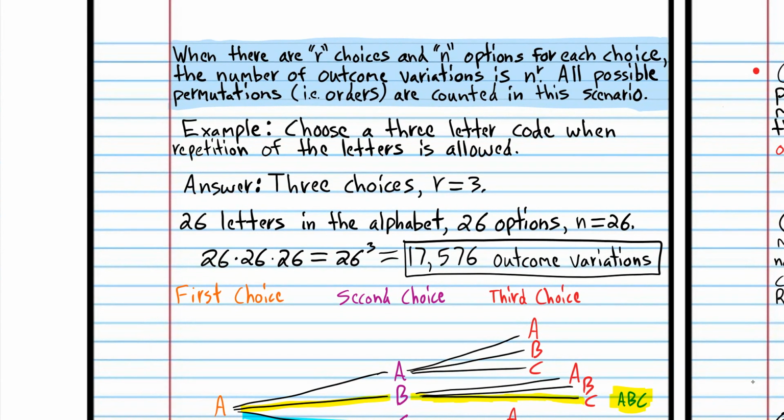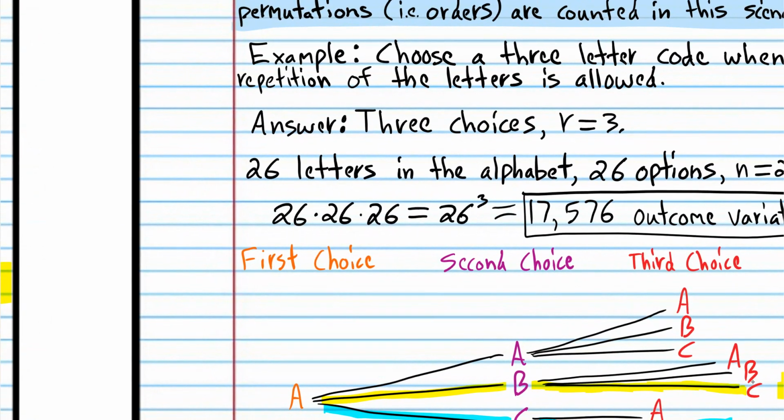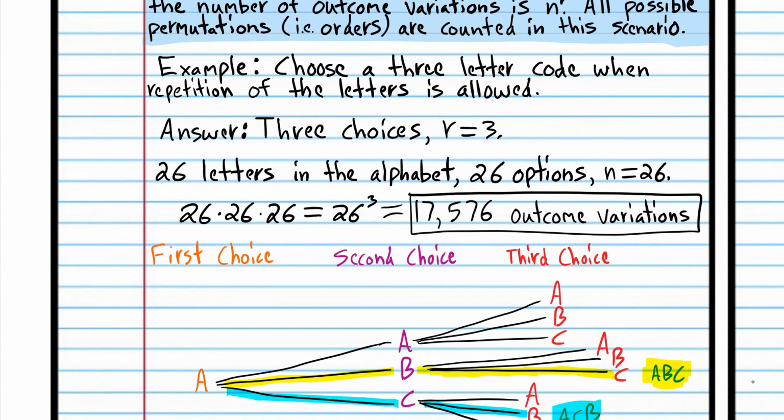So here's an example. It says choose a 3-letter code when repetition of the letters is allowed. So there's 26 letters in the English alphabet. And so our first choice is going to have 26 options. Now, because we're allowed to have repetition, our second choice is also going to have 26 options.